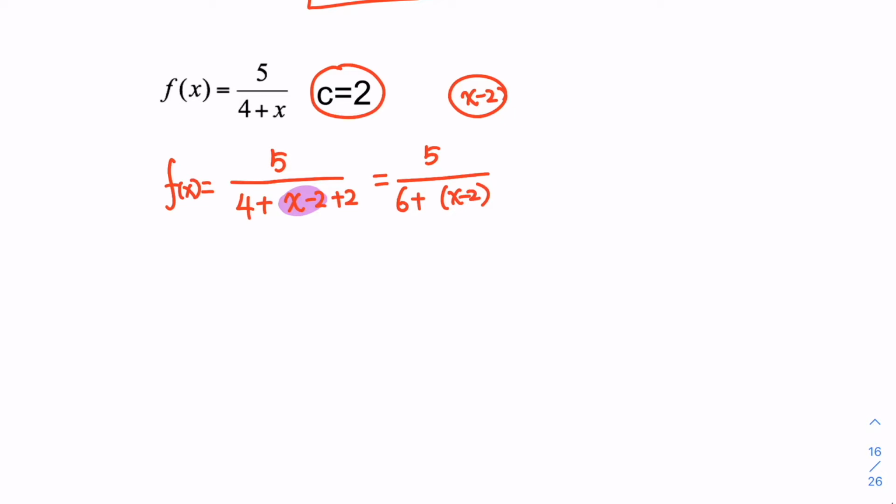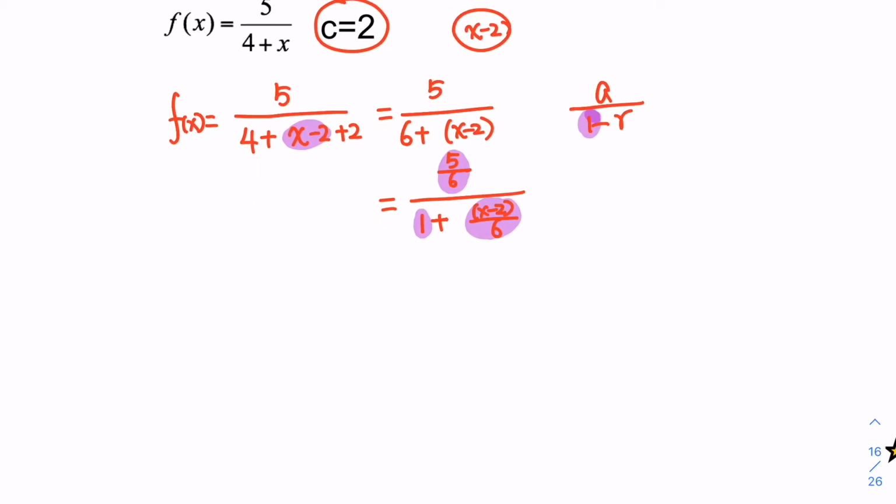We compare this with a over 1 minus r. This number has to be 1, so we divide the numerator and denominator by 6: 5 over 6 over 1 plus x minus 2 over 6. Now we have changed this form into a divided by 1 minus r.